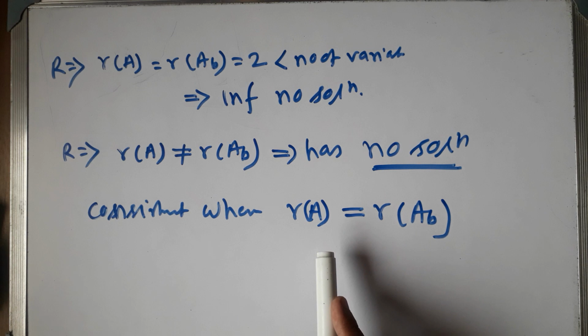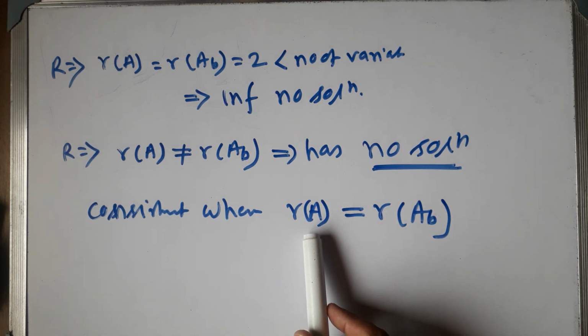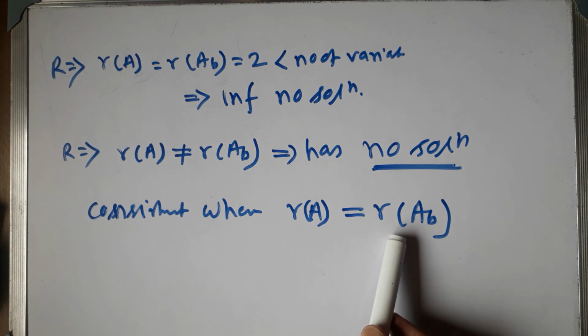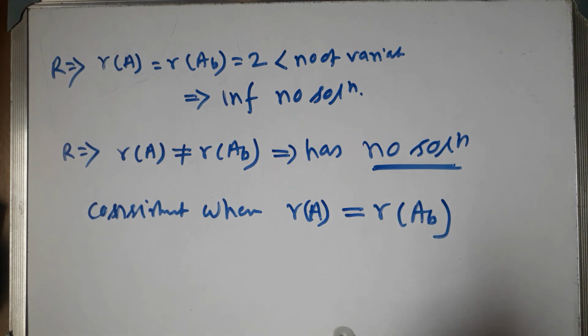So the system is solvable when rank of A is equal to rank of AB, and the system is inconsistent when rank of A is not equal to rank of AB. So today I have discussed the method of solving systems of equations.